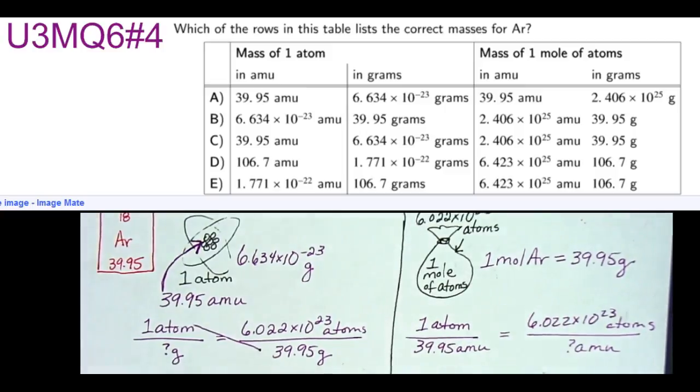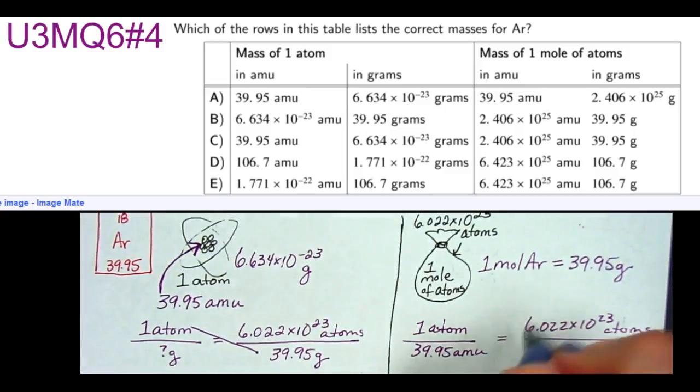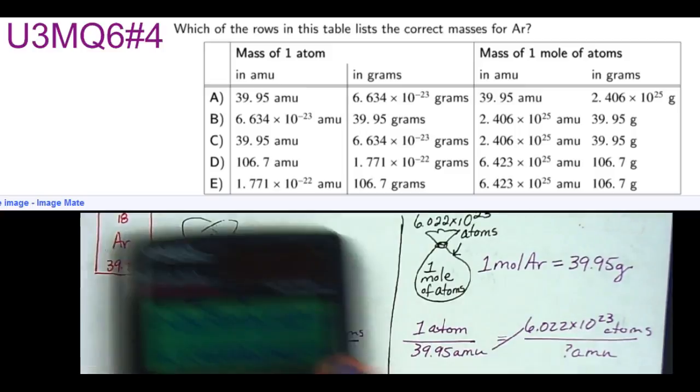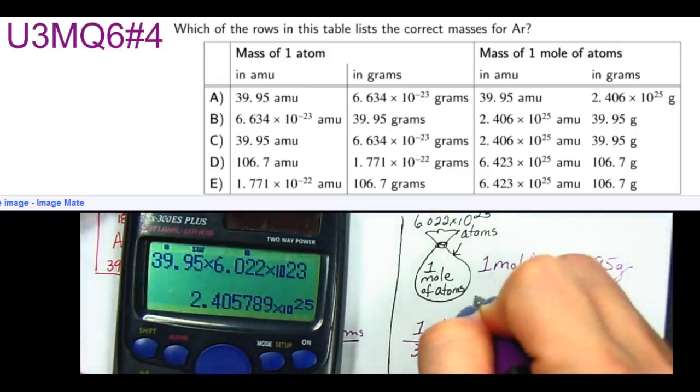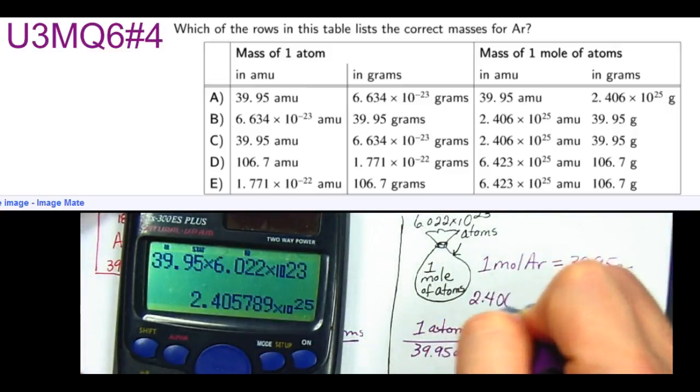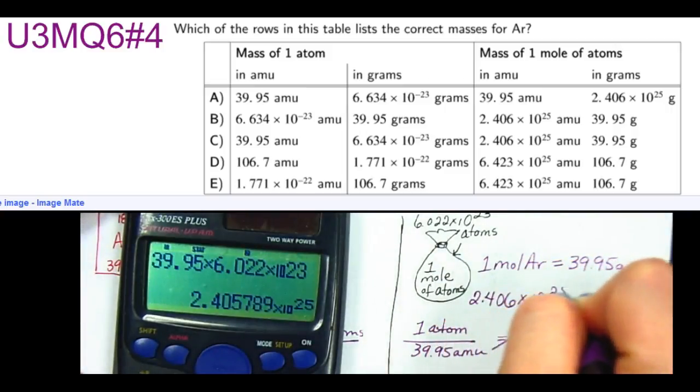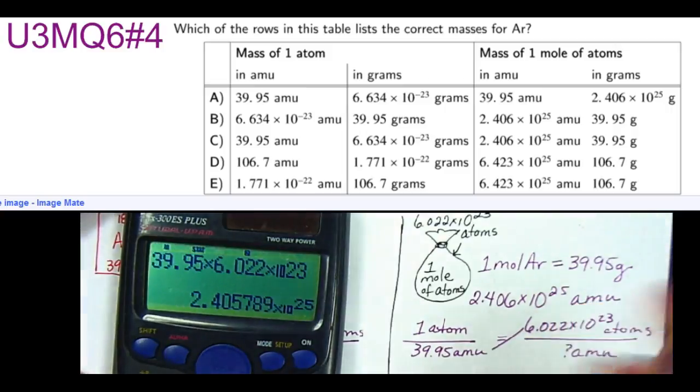So I can set up that proportion, and we'll take 39.95 times 6.022 times 10 to the 23rd divided by 1, and we get 2.406 times 10 to the 25 atomic mass units.